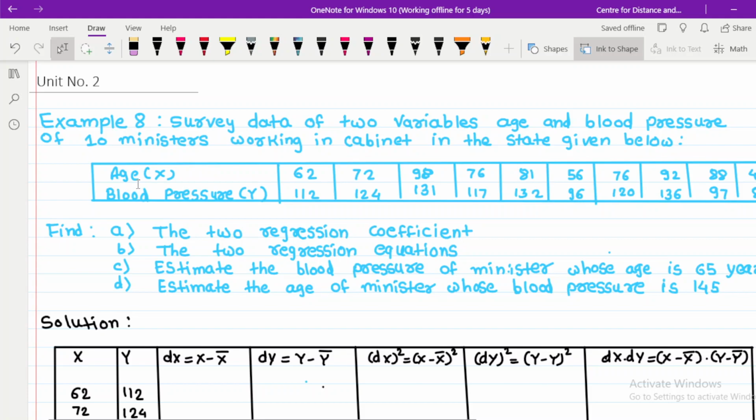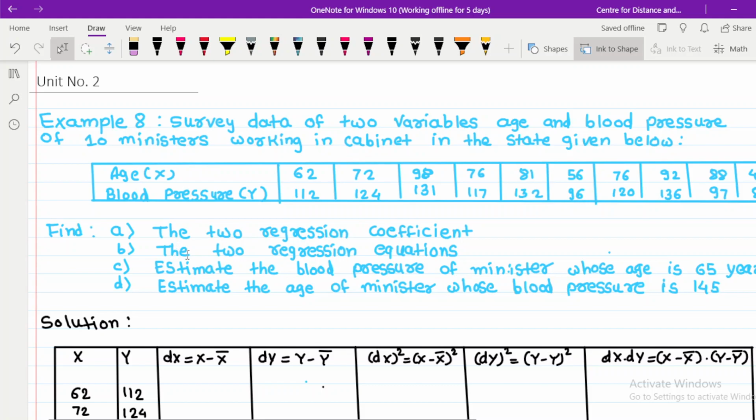In the first row we are given age, that is x, and in row number 2 there is blood pressure, which we denote by y. 68, 112, 72, 124 up to 49, 85. Here we have to find the two regression coefficients, that is bxy and byx.